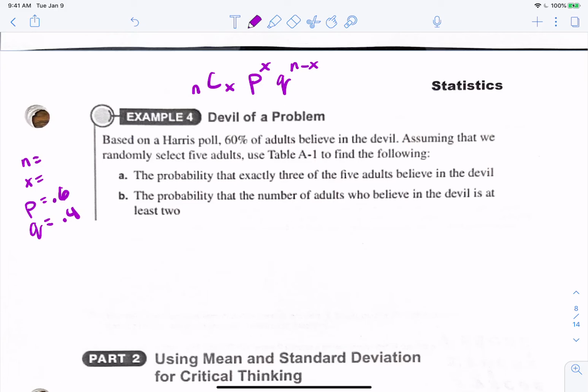Assuming that we randomly select 5 adults, that is n, we're choosing 5. Part A tells me what x is: the probability that exactly 3 of the 5 adults believe in the devil. So x is 3.